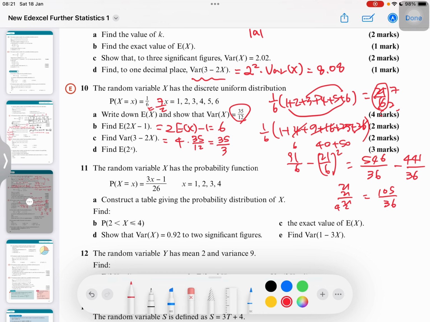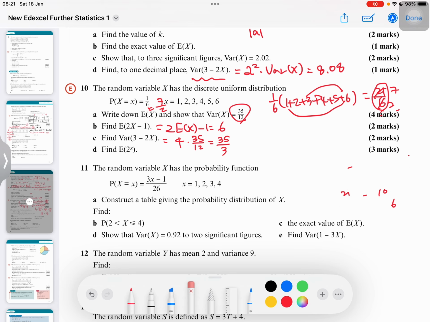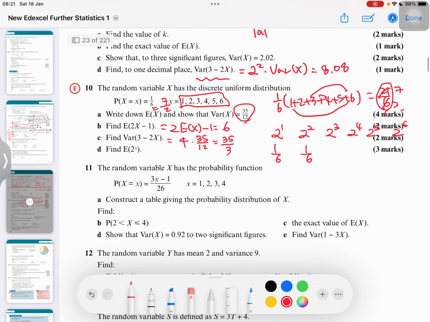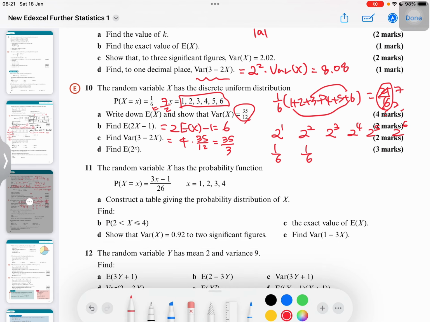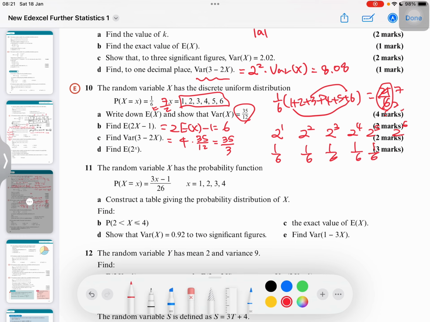Find the value of E of 2 to the power of x. I'm not sure about this, because this is not a linear transformation. But we can compose the table very easily: 2 to the power of 1, 2, 3, 4, 5, 6, with probabilities 1 over 6 each.